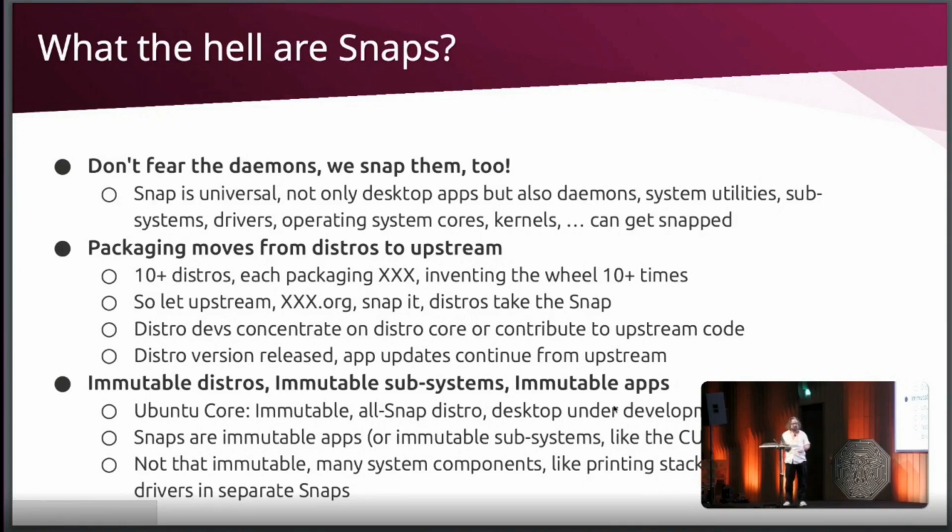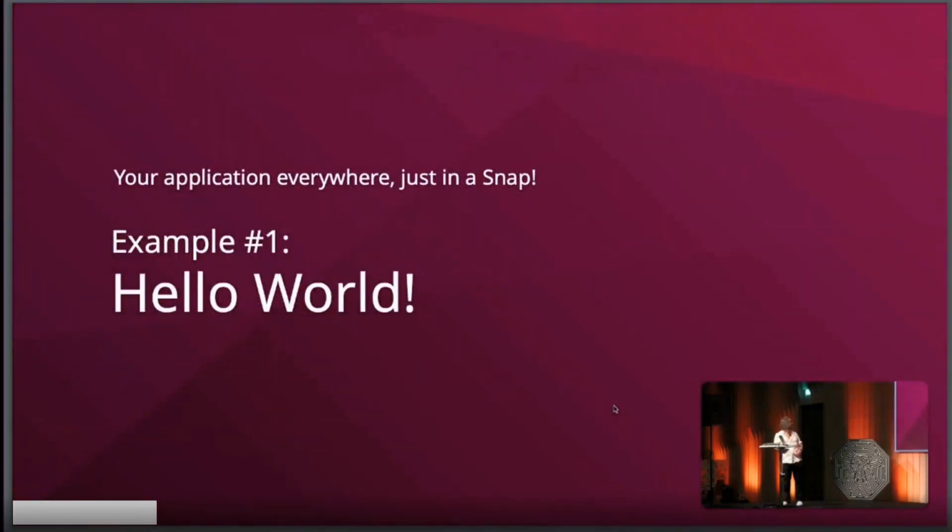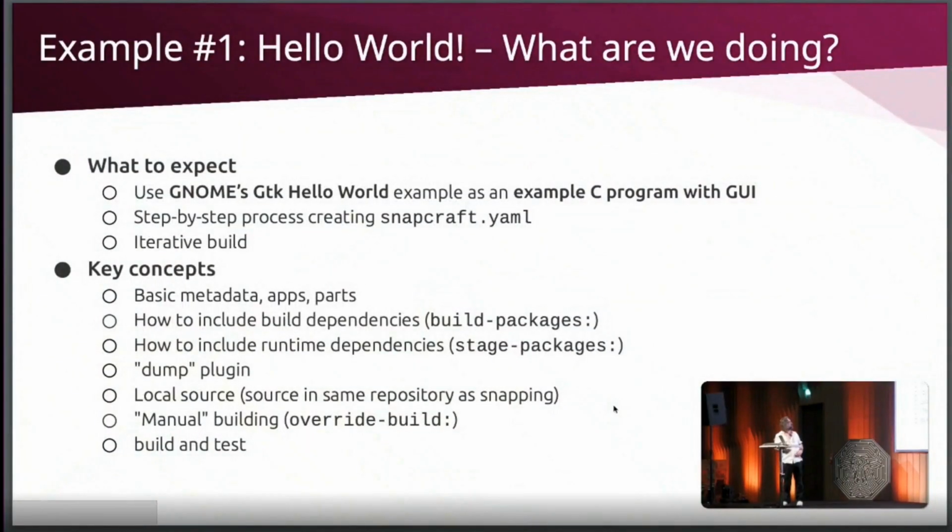But snaps are also a great thing to use on classically installed Linux. So let us come to our work, to learning snapping. The first example is the Hello World.